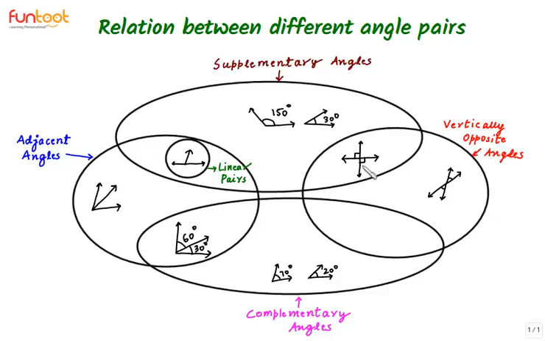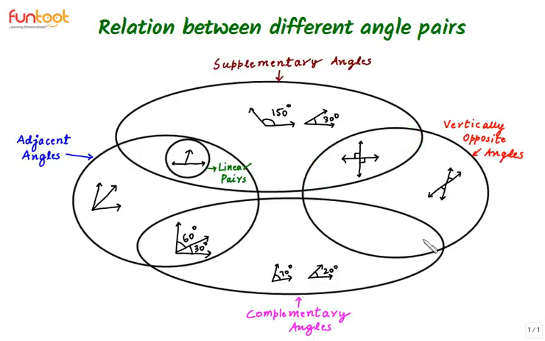Now we can see that these two angles are vertically opposite and their sum is 90 degrees plus 90 degrees, 180 degrees. So these are vertically opposite also and supplementary also. That is why this type of pair of angles is in the common region between vertically opposite angles and supplementary angles.